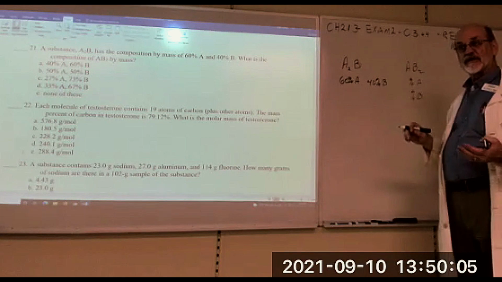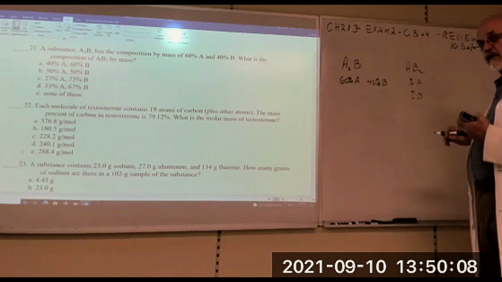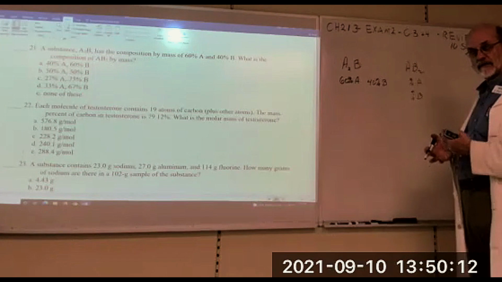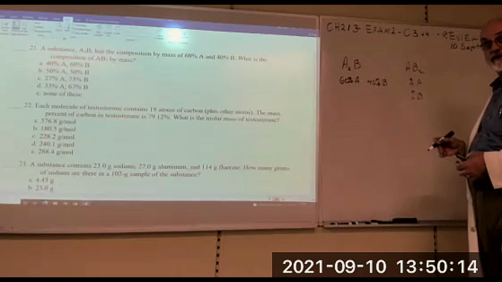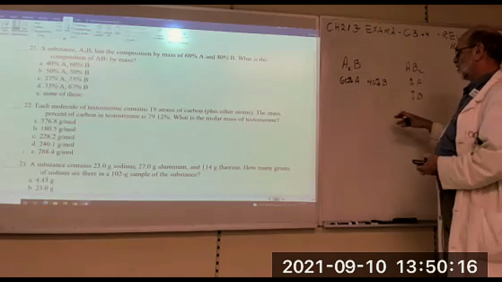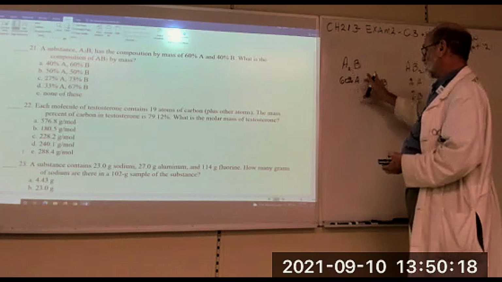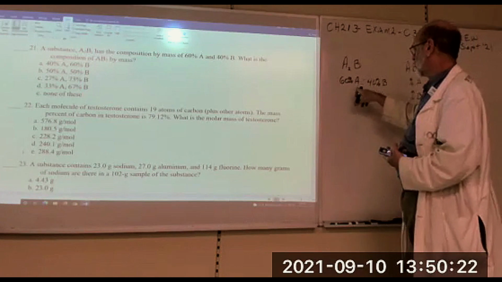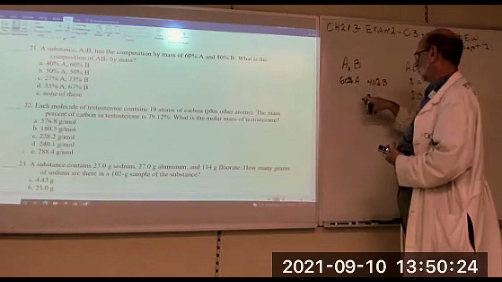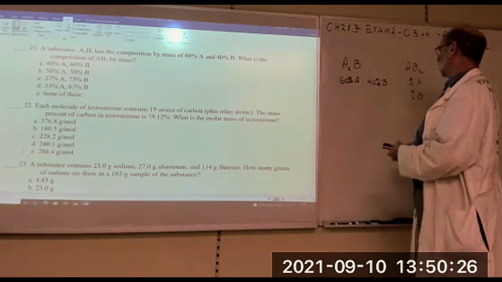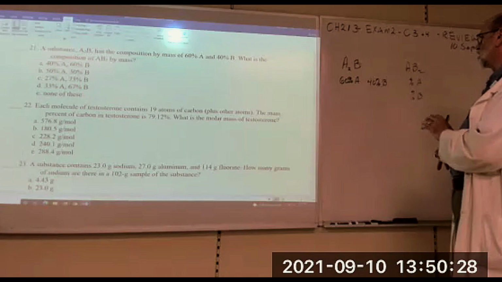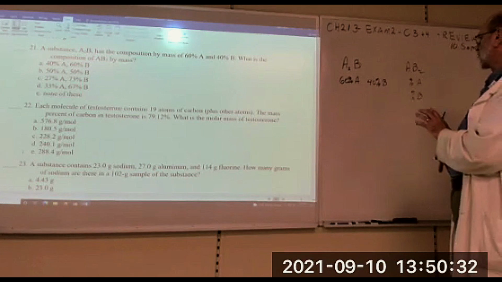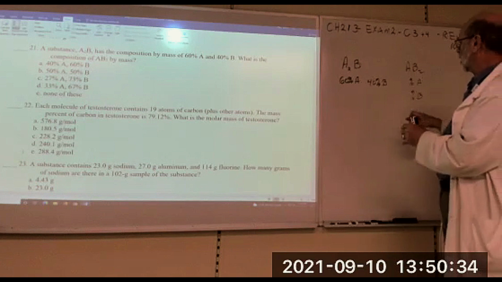Percent is a dimensionless number. If we need to relate two things, we've got to have real masses, for instance. The fixed ratio is here. If you had 100 grams, how many would you have of A? Well, let's look at it this way.